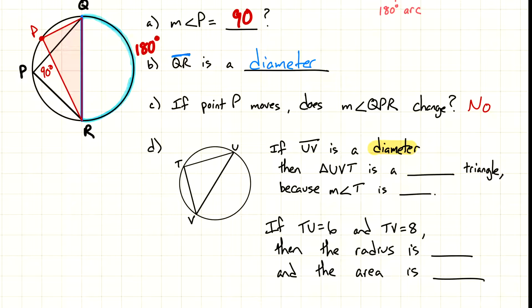All right, if you said this is a right triangle, you are correct. And how do I know it's a right triangle? Well, if we said this is diameter, then that means the semicircle, this must be 180 degrees, which means this angle must be 90 degrees. All right, so this is 90 degrees.